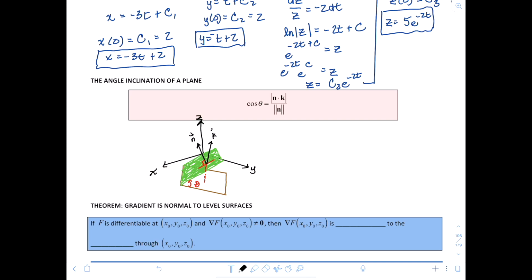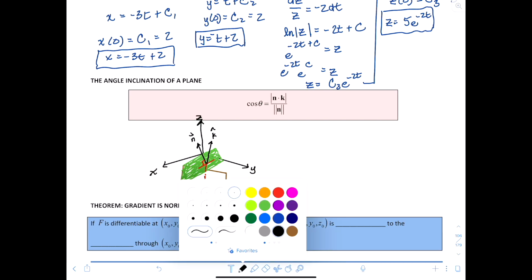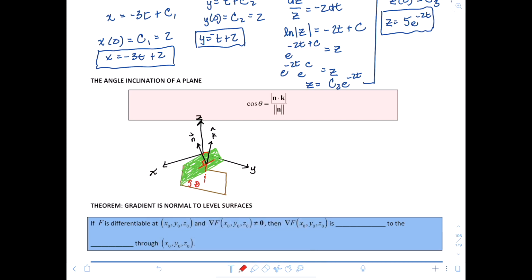This would be the K, and then theta, this would be theta as well. Cool. So that's what's going on. So basically, long story short, the angle of inclination of a plane is given by cosine theta equals the absolute value of the dot product of n and k divided by the magnitude of n. All right?